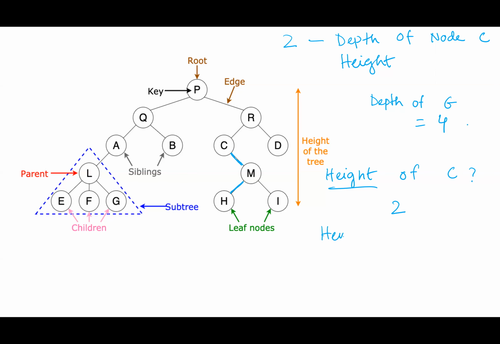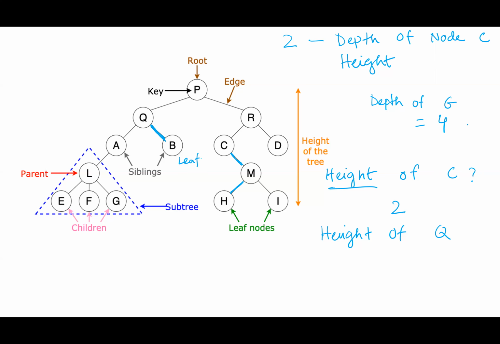And if I ask you, what is the height of, say, Q? Now, Q has a distance of one edge. We know that B is a leaf.